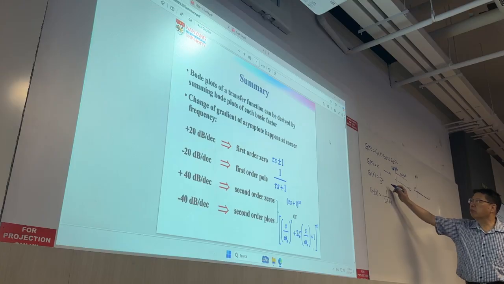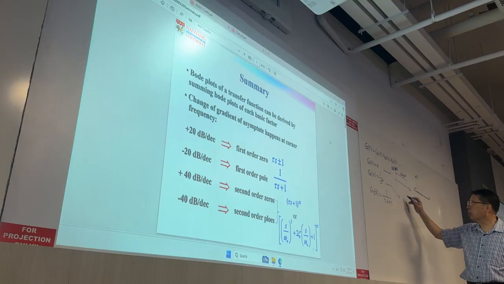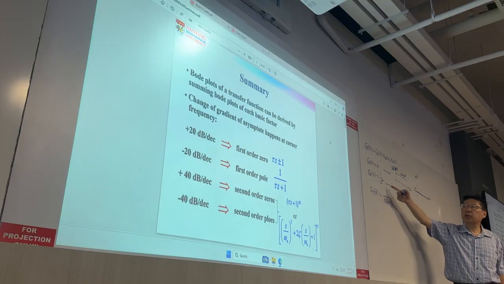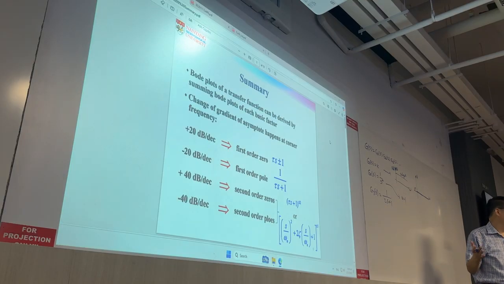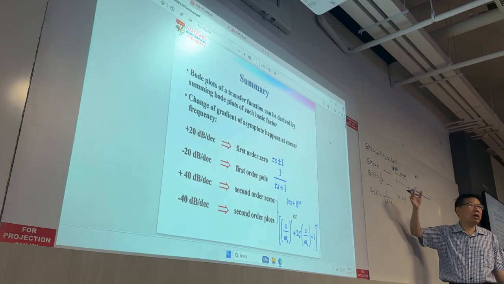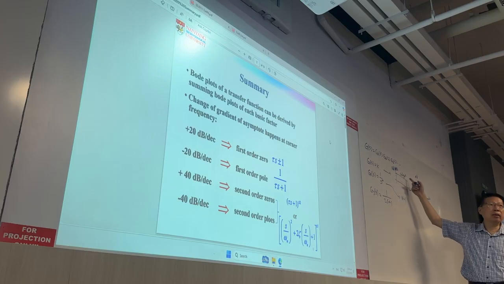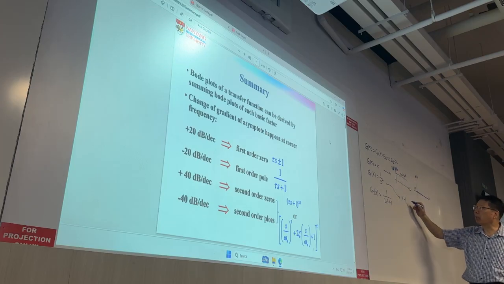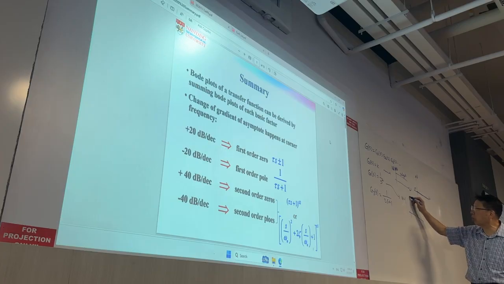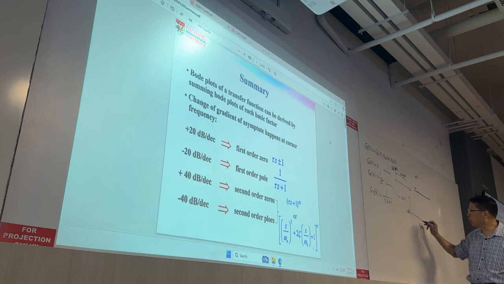For n equal to 0, there is nothing to discuss, since 1 over 1 is just a gain of 1. When n is 1, this will pass through 0 decibel at the frequency of 1 radian per second.